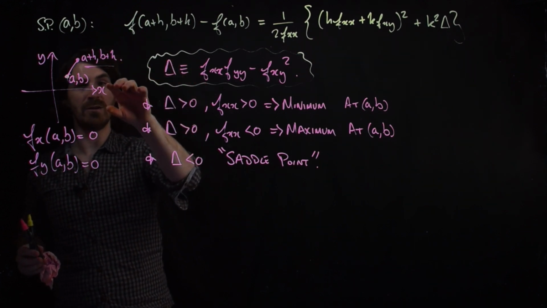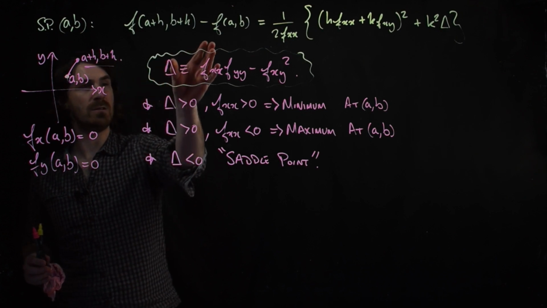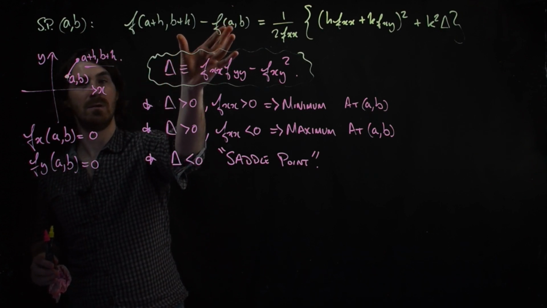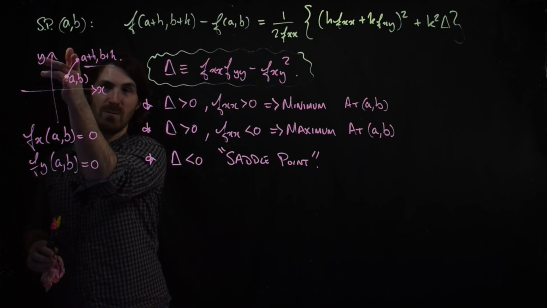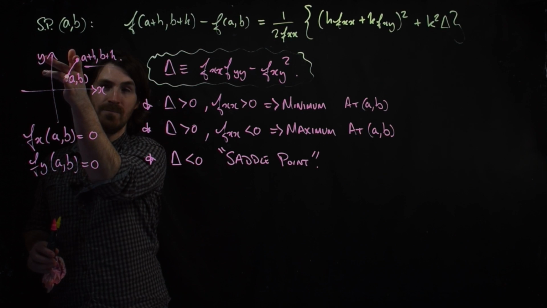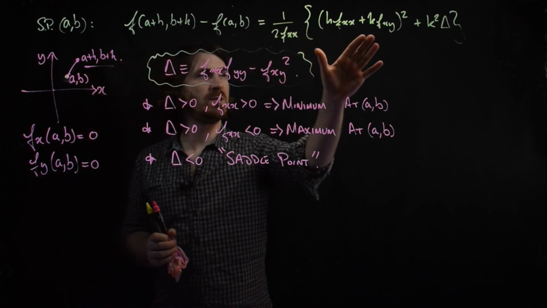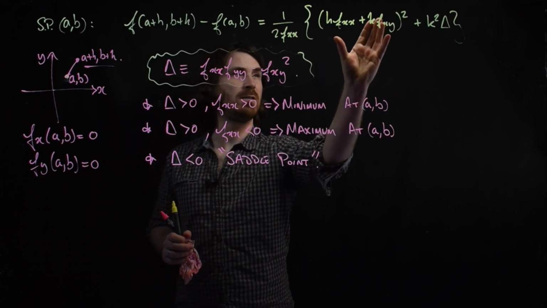And to characterize this stationary point, we looked at the Taylor expansion, which gave us the difference in the function at the stationary point and some point away. And we saw that this was equal to this, which has this thing in the round bracket squared.